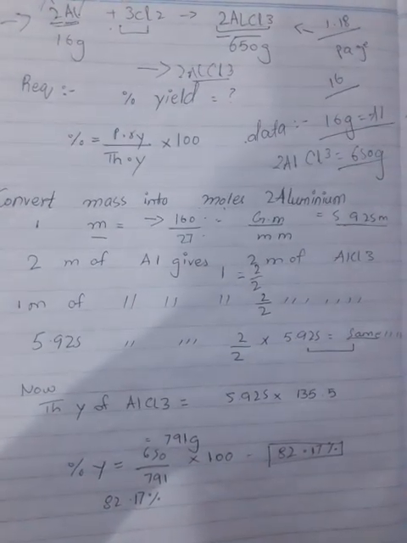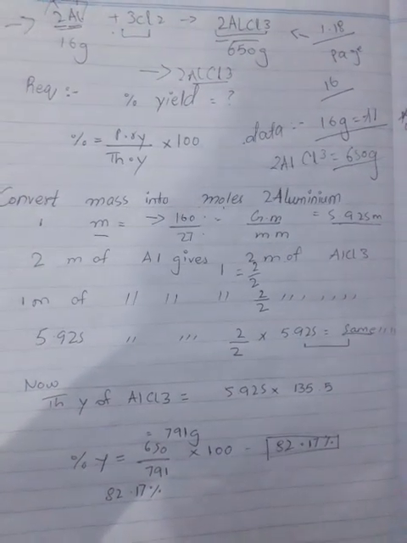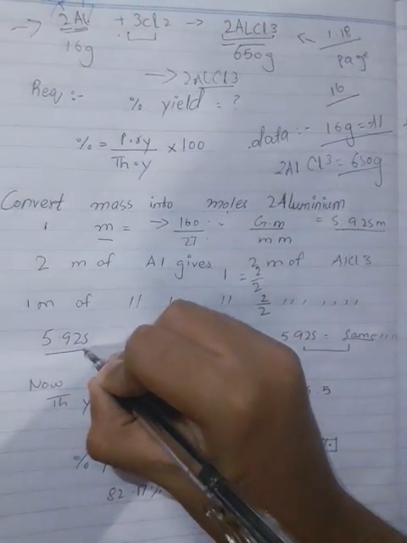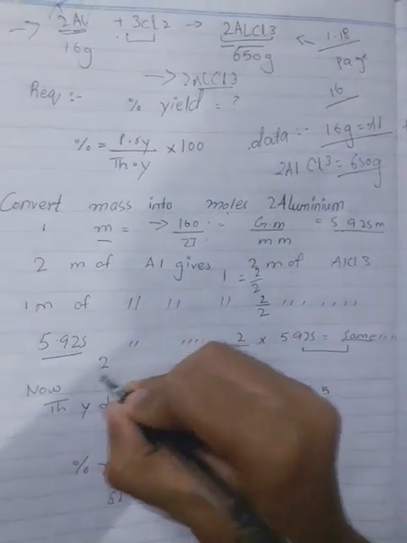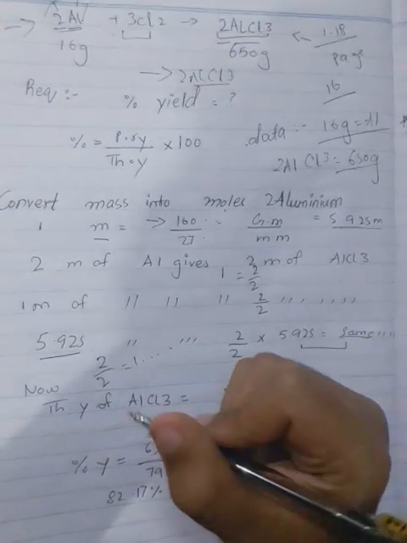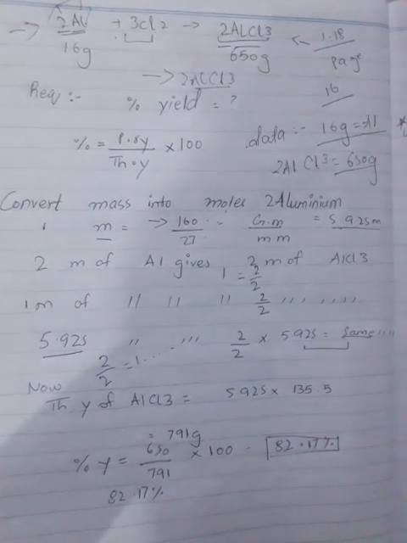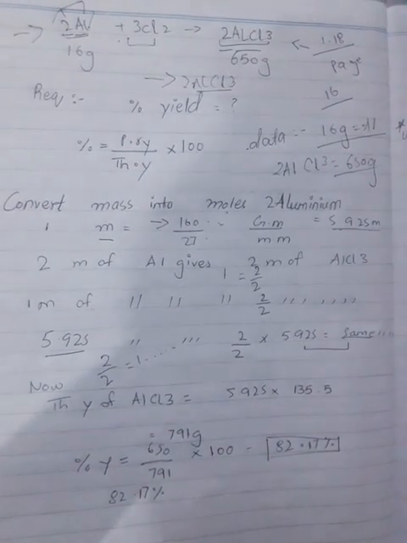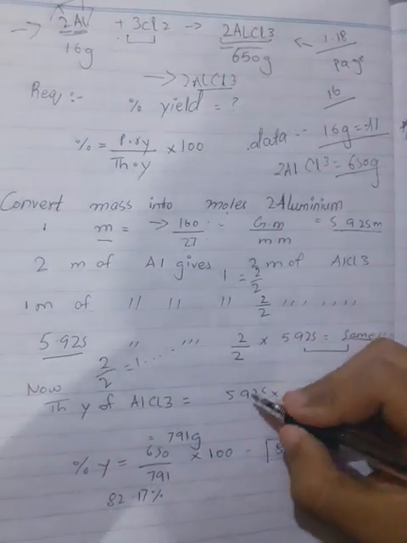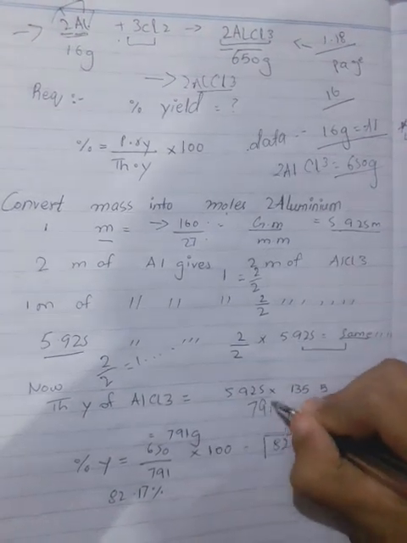So for getting the value for 5.925, we'll simply multiply it by 2 upon 2. Simply multiplying it will give us the theoretical yield. We'll have our answer: our theoretical yield equals 791.